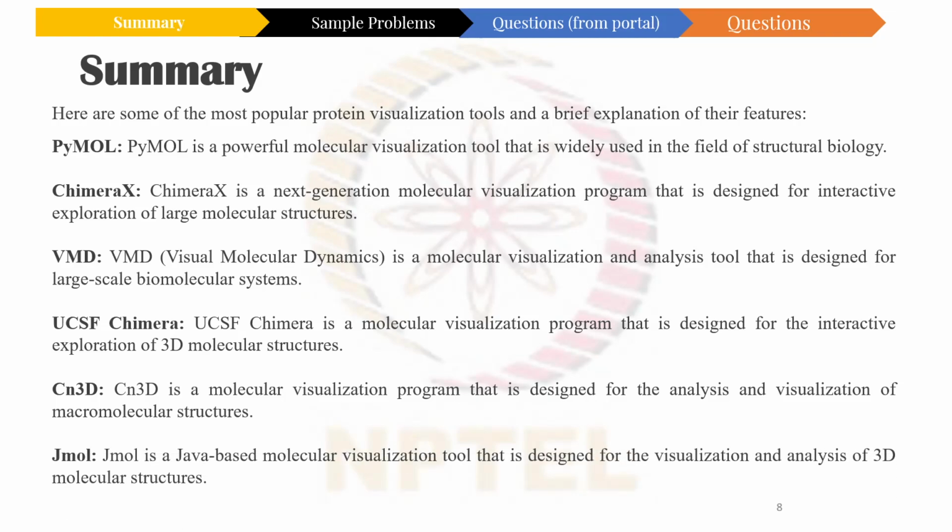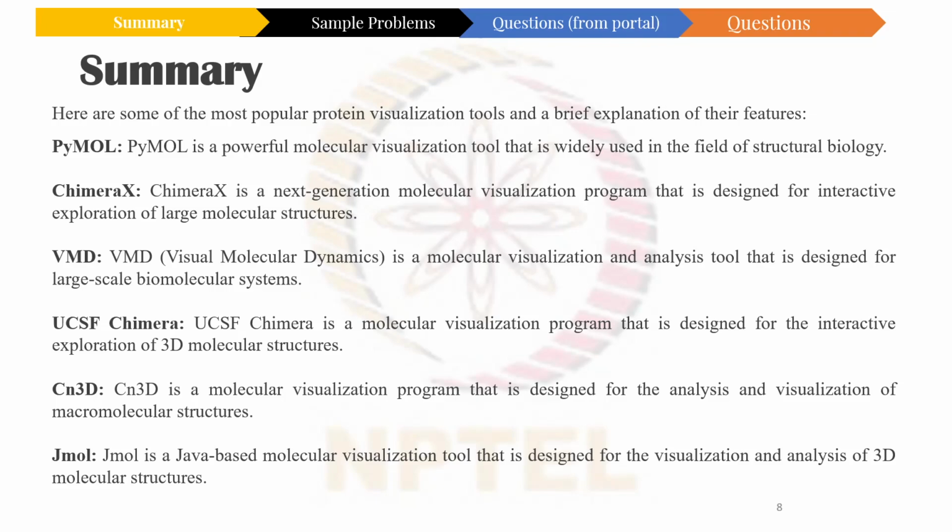And the last one is JMOL, which is a Java-based molecular visualization tool that is designed for the visualization and analysis of 3D molecular structures. It includes a wide range of features, including support for multiple file formats, interactive scripting, and integration with other software tools.